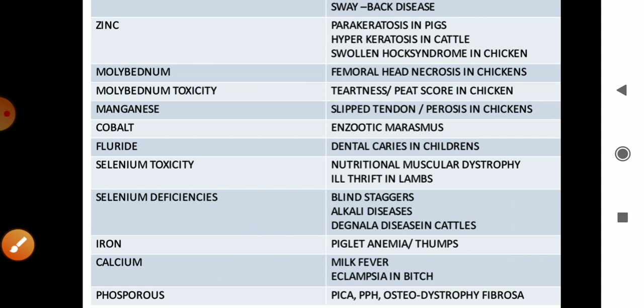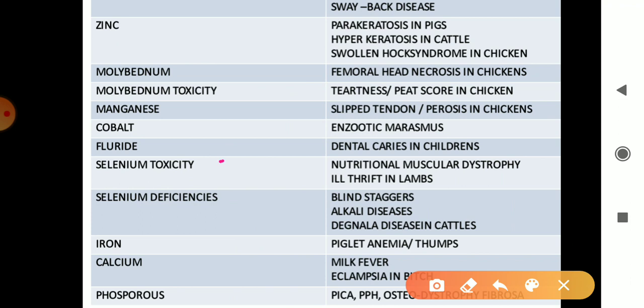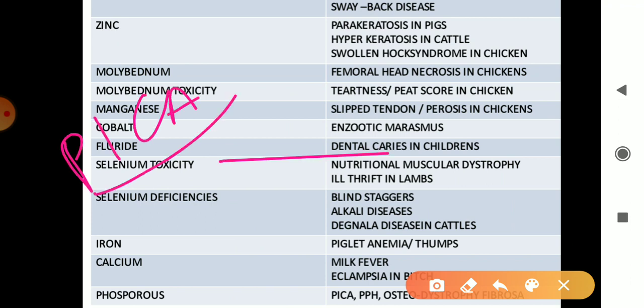Coming to the next question, phosphorus. It's a very important question. Its deficiency causes pica. Generally the feeding habit of cattle is to take grass or roughage and concentrate, but when it takes unusual things such as paper, stones, and wood, it is a condition due to phosphorus deficiency.